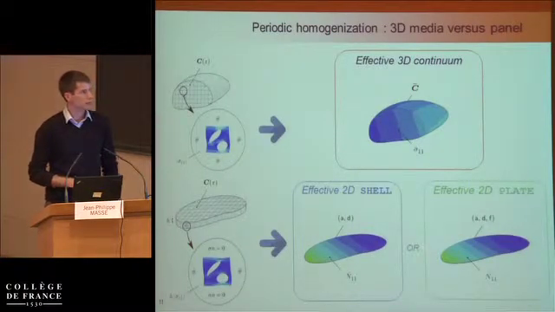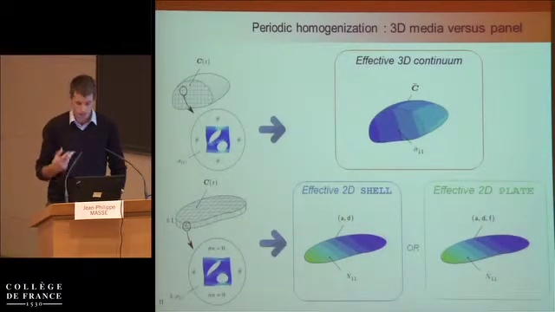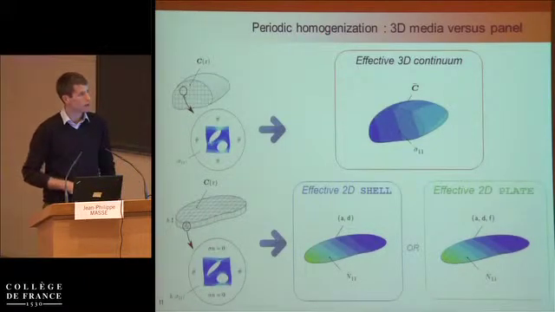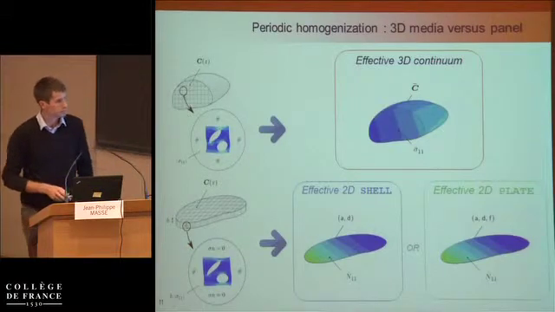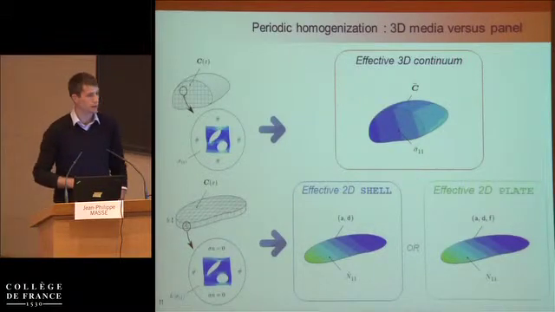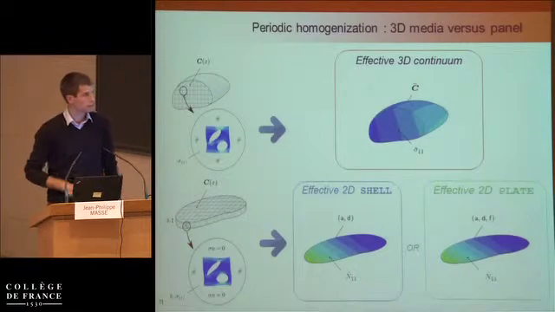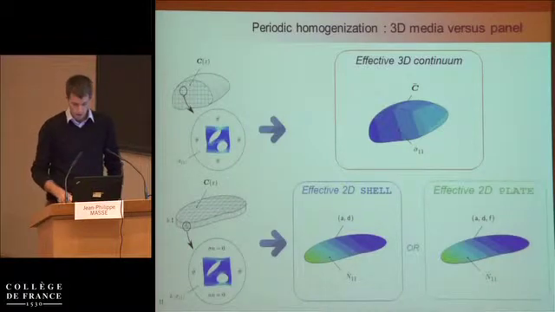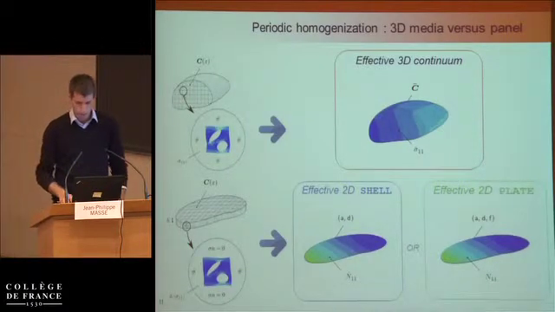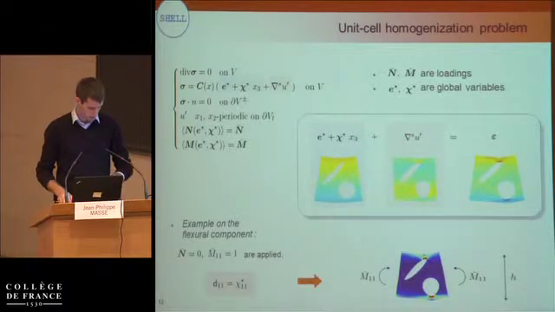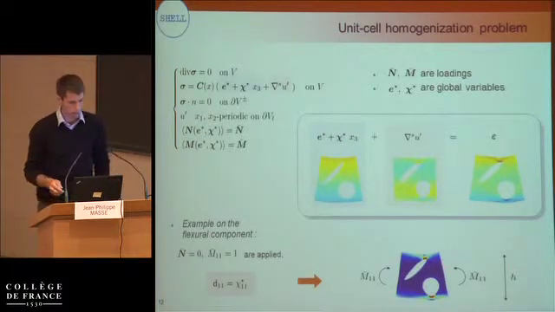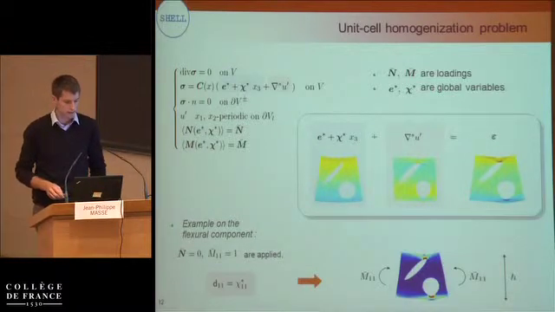The difference is that in the plate model we take into account the transverse shear, which could be neglected in some cases for thin plates. So that's the shell and plate. I'm going to first show an example for shell, and then we'll talk about plate.